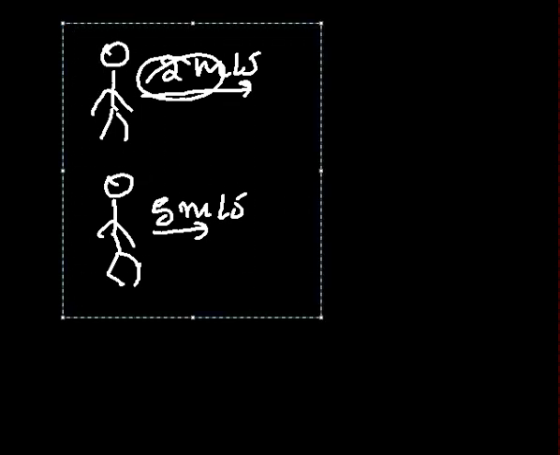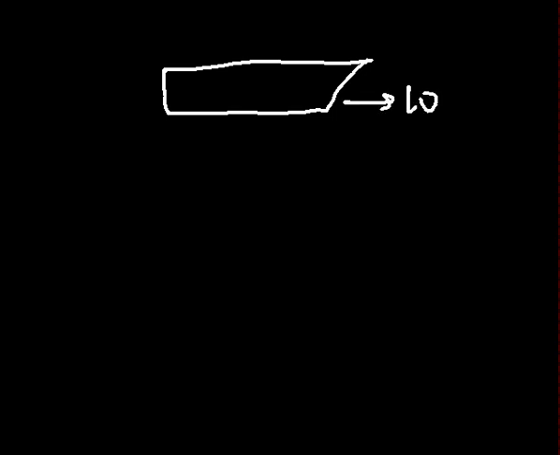Also think about this. Let's say we have a board, a typical board, moving towards this direction with a speed of, let's say, 10 meters per second. And you yourself are sitting along the beach, somewhere here.